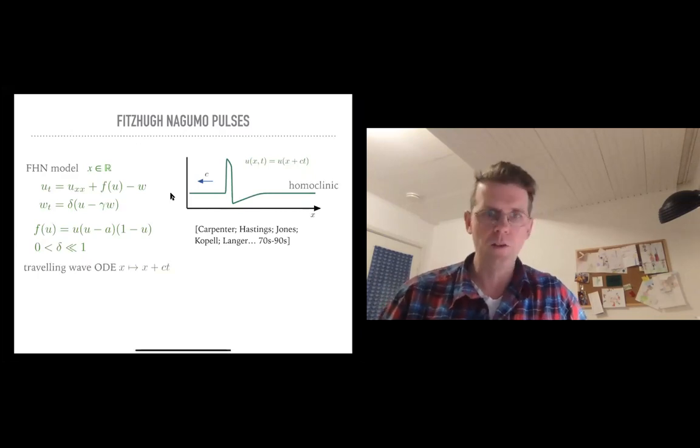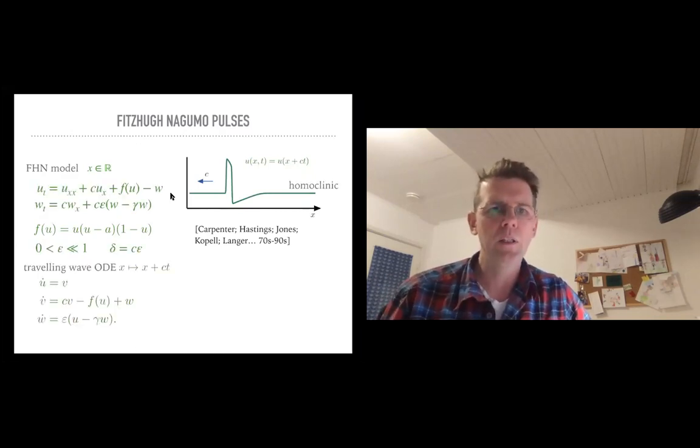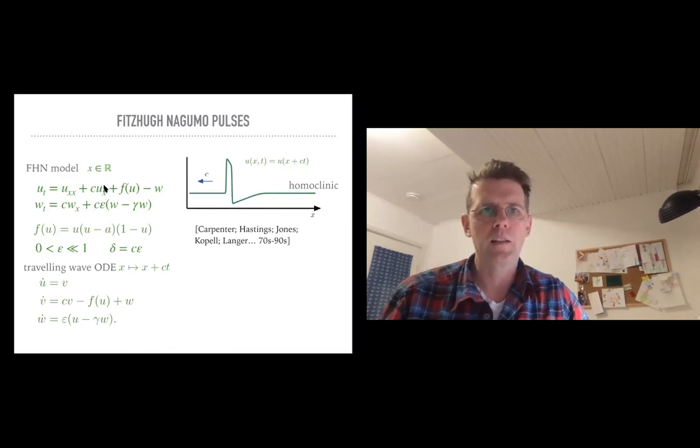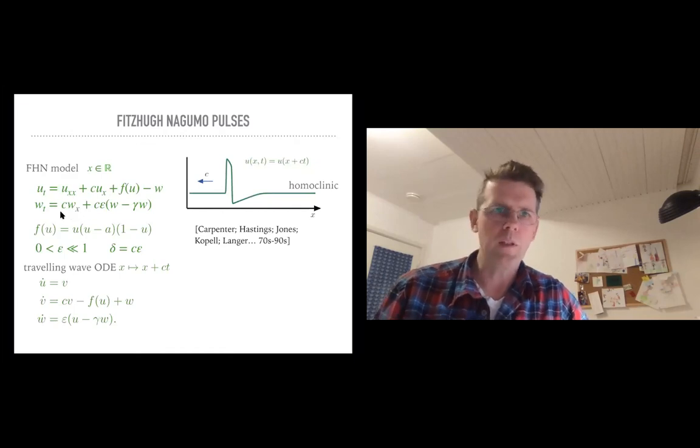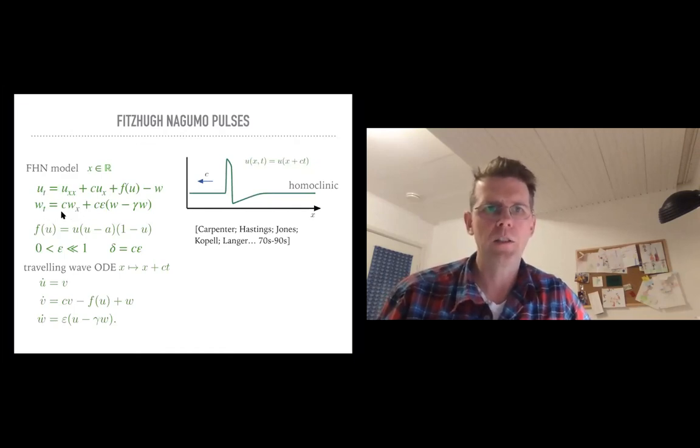In the traveling wave ODE, the PDE is going to change. First of all, I get these advection terms with a velocity. Traveling waves would be where the left-hand side vanishes. On the right-hand side, I still have the differential equation parts, which gives us a three-dimensional ODE, the so-called traveling wave ODE.